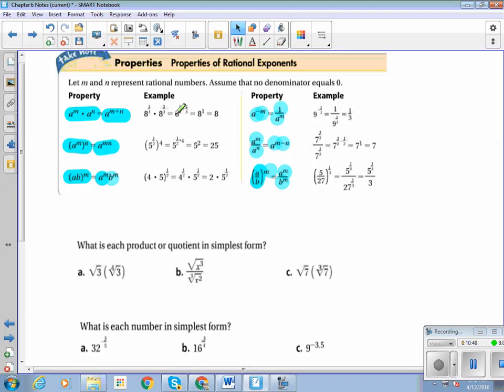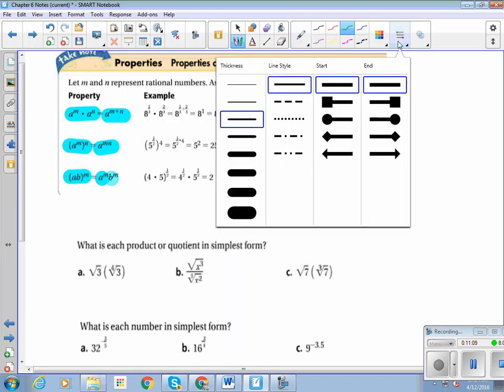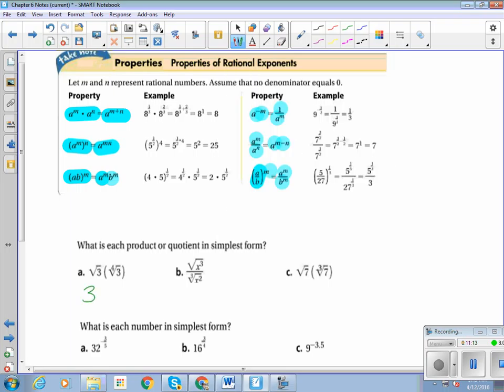Okay, what is each product or quotient in simplest form? So I'm going to convert it to fraction exponents and then apply the exponent property. So square root of 3 is 3 to the 1/2 times fourth root of 3 is 3 to the 1/4.